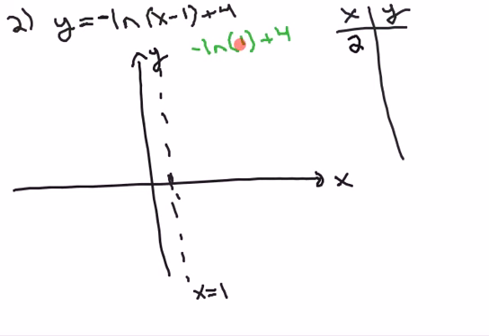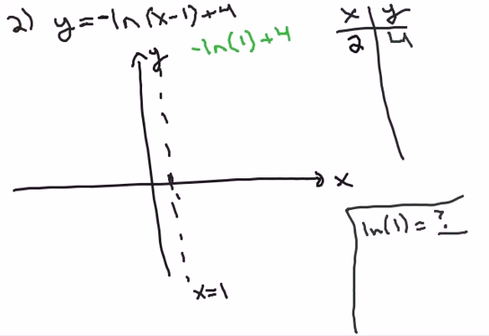Well, we know that that is going to be 0. 0 times the negative is still 0. 0 plus 4 is 4. So again, a little side note, ln of 1 is equal to what? You know that this is a base of e, so e to what power is 1? That has to be 0.